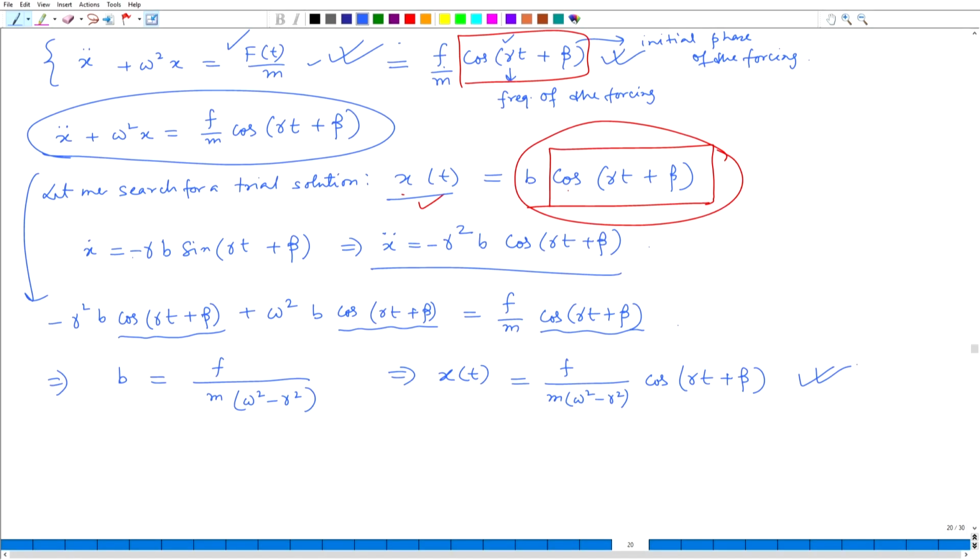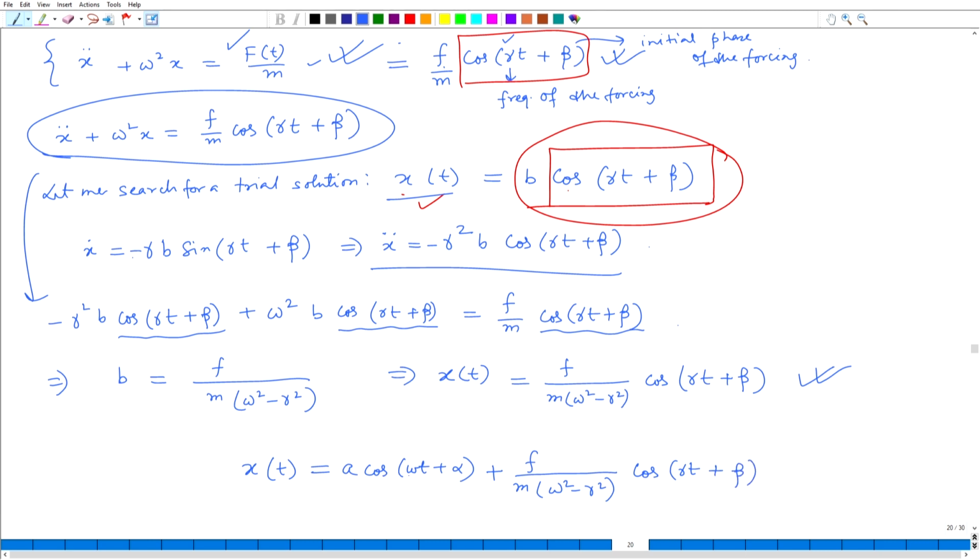What is the total solution? Well, I should not forget the solution from the homogeneous part, or the complementary function, which is given by, let us say, some e cos(omega t plus alpha), plus f by m omega square minus gamma square cos(gamma t plus beta).